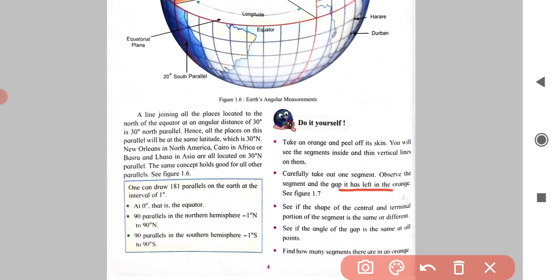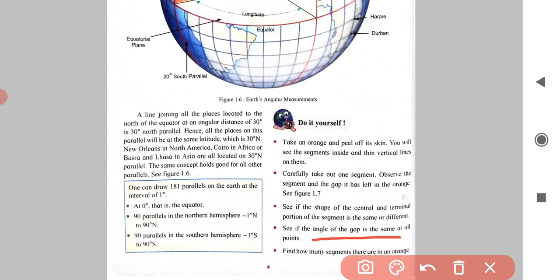See if the shape of the central and terminal portions of the segment is same or different, and we have to observe the portion of segment whether it is same or different. See if the angle of the gap is the same at all points, and we have to see at all points the angle of the gap, is it same or not.